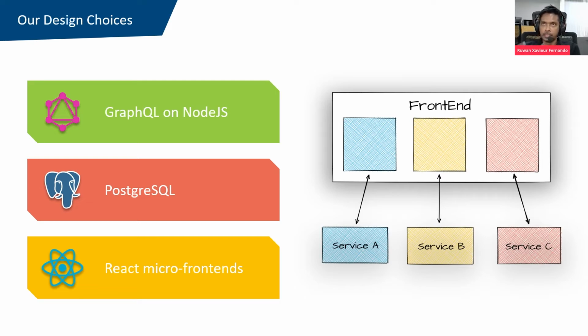So you can really work on one service without affecting all the others, and they are orchestrated in a single application. But you don't have to worry about having competing controls or whatever. So your service is having all isolated components when it comes to the React frontends. So yes, these are some of the design choices.